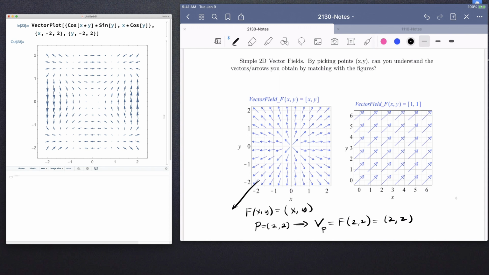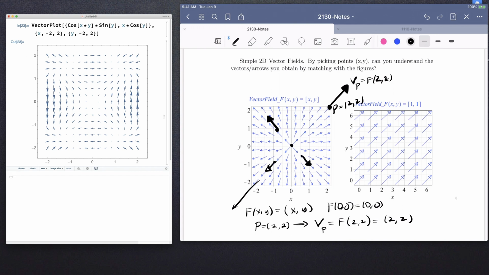So here we're seeing the point P is equal to (2, 2). There is a vector at that point that is pointing in the y equal x direction. No matter what, except (0, 0), if you evaluate this vector field at (0, 0), you get the 0 vector. Any other point that you pick will be a vector that's radiating outward from this center.